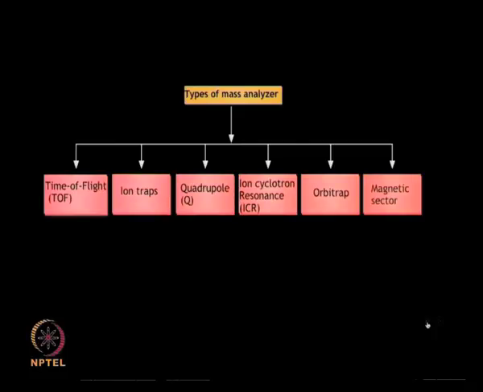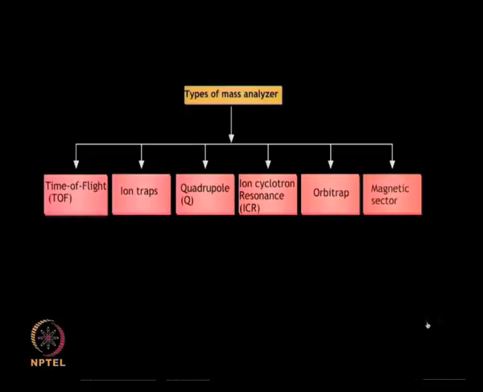The commonly used mass analyzers include time of flight, TOF, ion traps, quadrupole, ion cyclotron resonance, orbitrap, magnetic sector, etc.